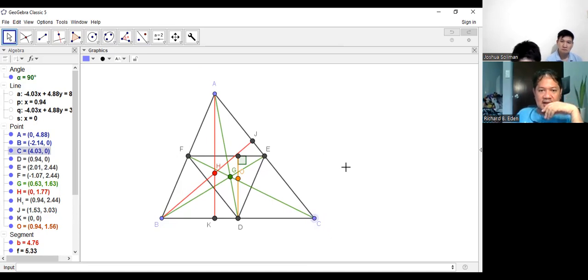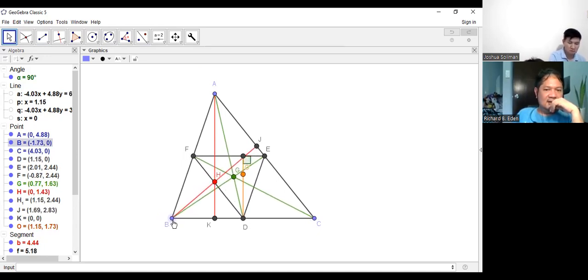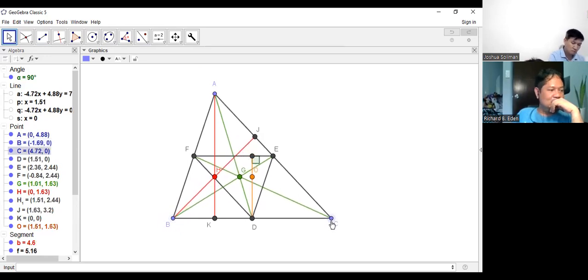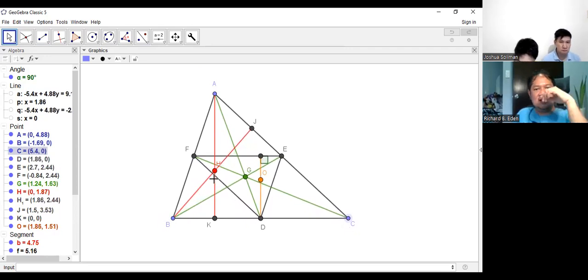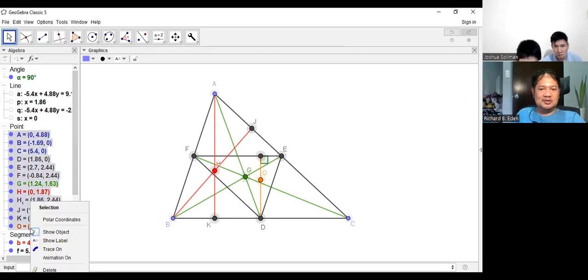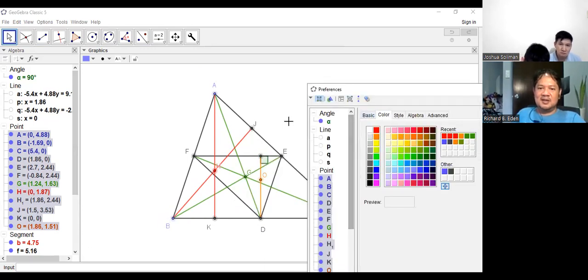So now since we already have this illustration, sige, let me try to see if kaya ko pang i-modify nung drawing so that mas hiwa-hiwalay sila. Medyo nagkukumpulan kasi. Ayan, at least ito medyo magkalayo. And then I feel like the points are too big. It's taking up so much space. So let me reduce the size of the points. So point size 5. So ayan, mas madaling tignan.